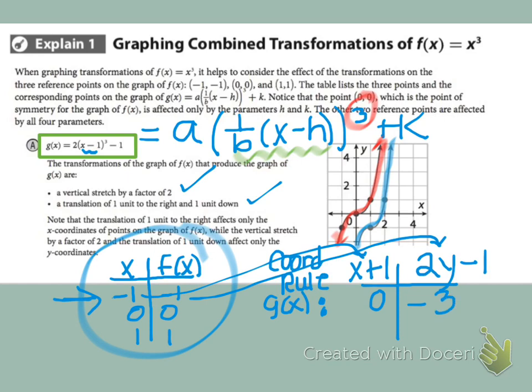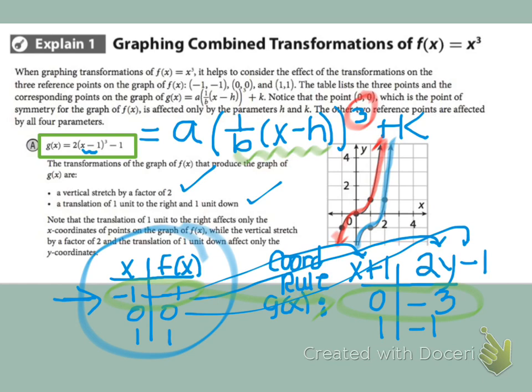So this point right here, -1, -1, is now at 0, -3. That's where it's going from the original position. Now 0, 0: if I put 0 and add 1, that's going to become 1. If I put 0 in here, that's 2 times 0, which is still 0, minus 1, and that's -1.